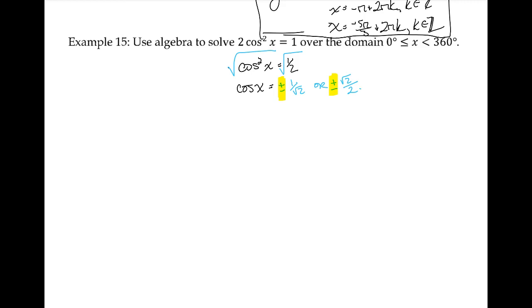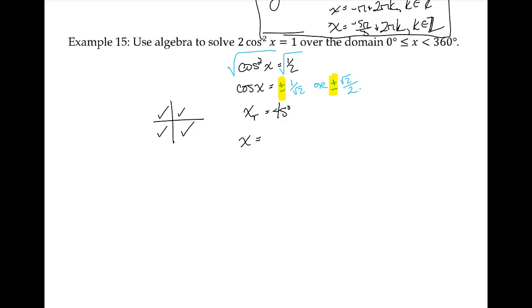So because of that, when we talk about our reference angle, we still talk about the positive, which is cos producing root 2 over 2 at 45 degrees, based on my domain. But this can potentially happen in all 4 quadrants. So I'm going to have 4 solutions because I have that plus or minus. My positives happen here, my negatives happen here, but all of them are accounted for.